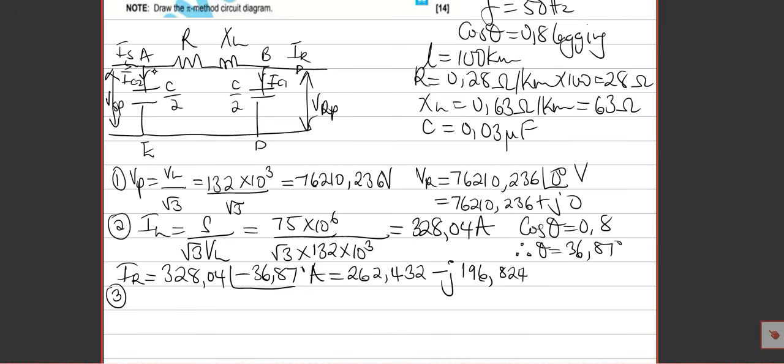Next, impedance. I have the impedance between A and B, ZAB, which is R plus JXL. My resistance, I found 28 plus J, my reactance 63. I convert to polar form, 28 and 63.